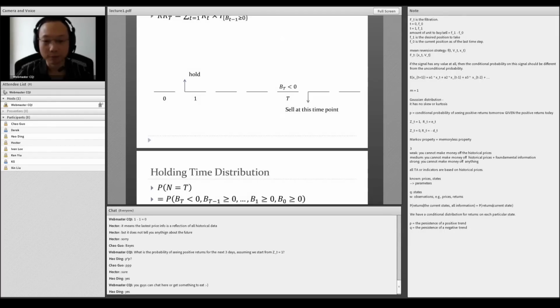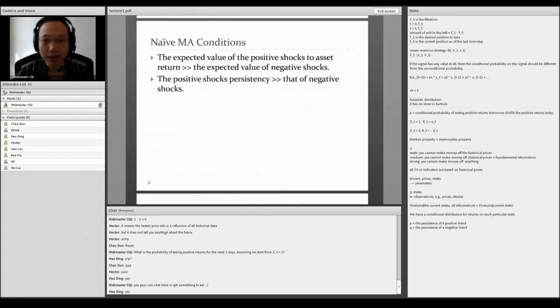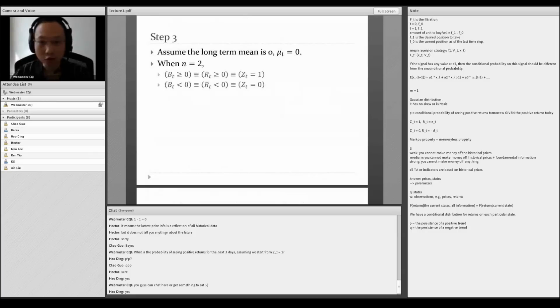PT equals the probability of hold, and sell, which is the same as the probability of BT positive, BT positive, BT positive, and then BT negative. And we just discussed that when n equals 2, all these statements are equivalent. So BT positive means that ZT equals 1.